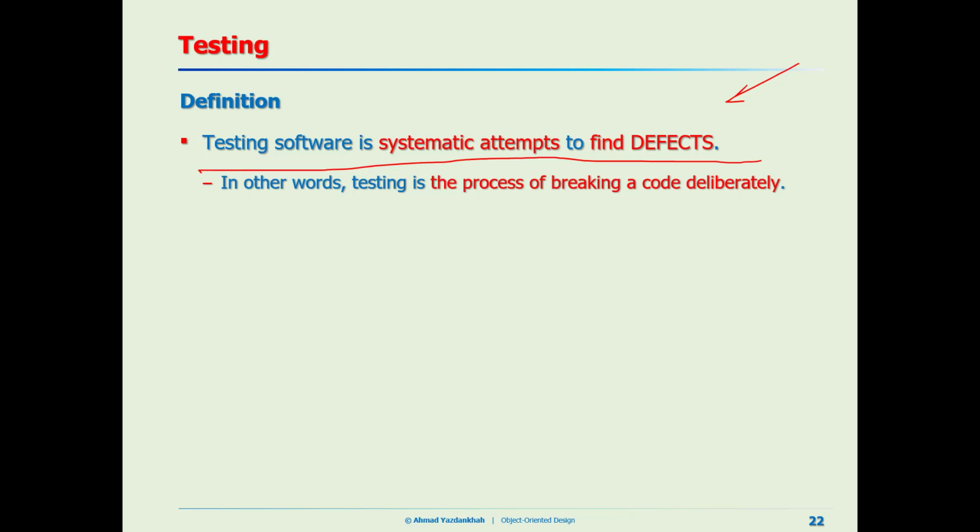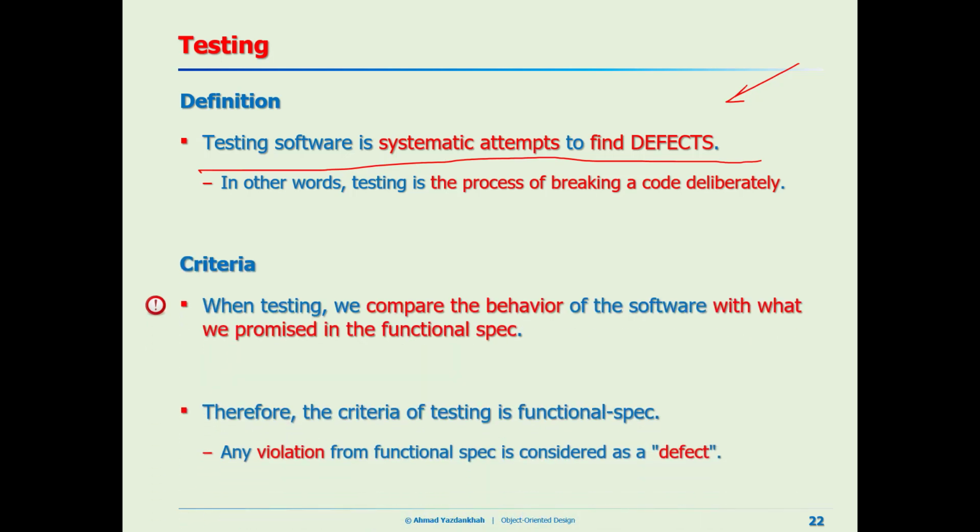All right. So now maybe you ask, okay, what's the criteria for this testing? We are comparing the application with what? Yeah, we are comparing with whatever we promised in the functional spec. Okay.